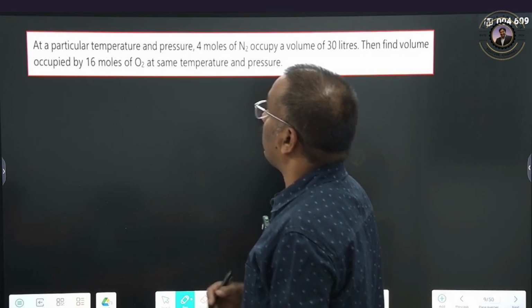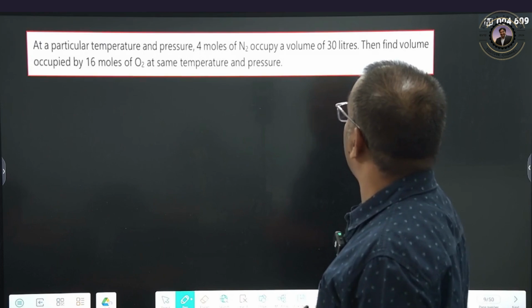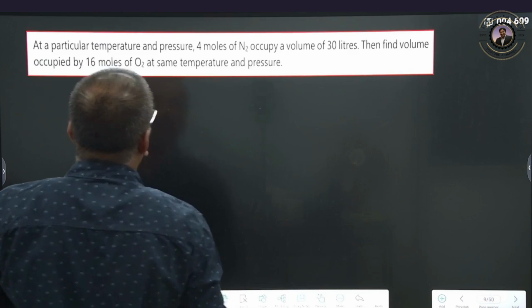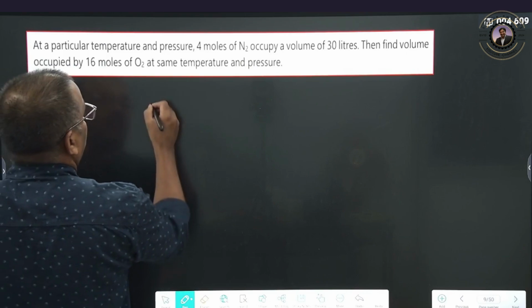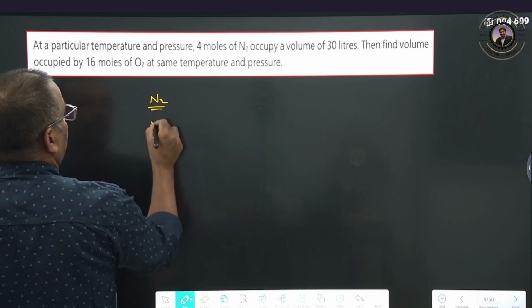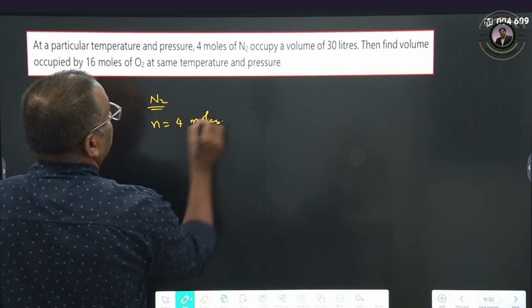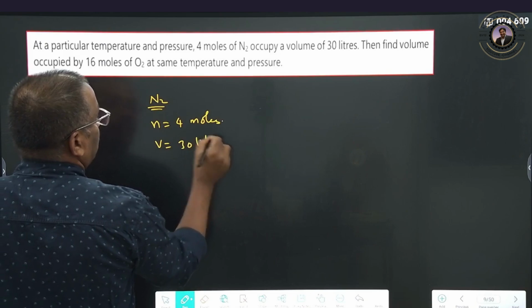At a particular temperature and pressure, 4 moles of N2 occupy a volume of 30 liters. Find the volume occupied by 16 moles of O2 at the same temperature and pressure. So what is given? Here N2, the number of moles is 4 moles. 4 moles of N2 occupy a volume of 30 liters.